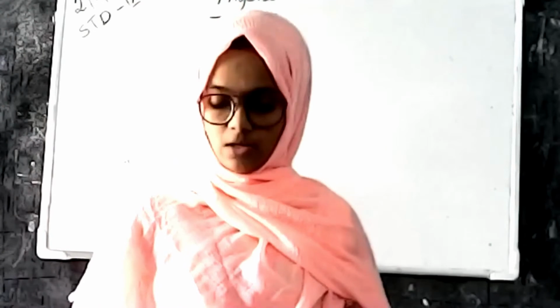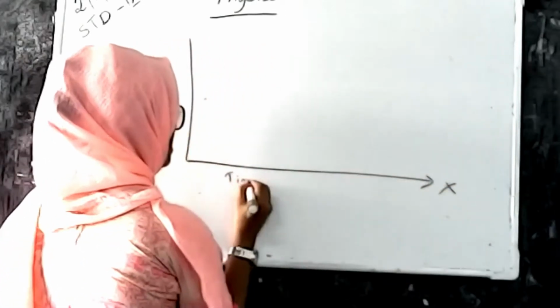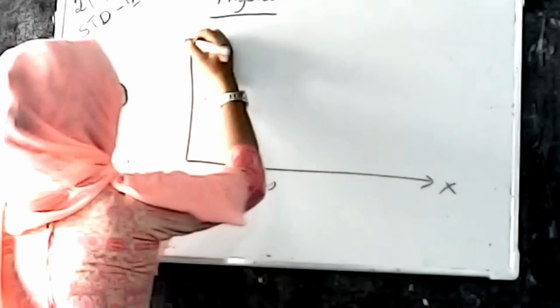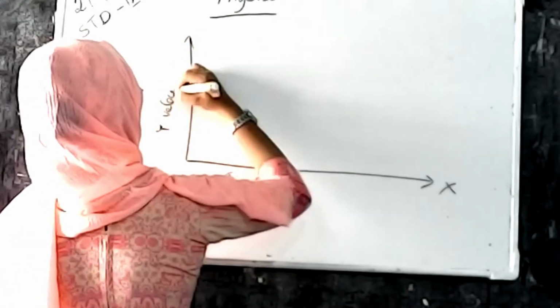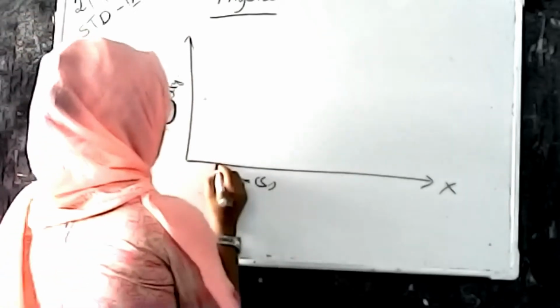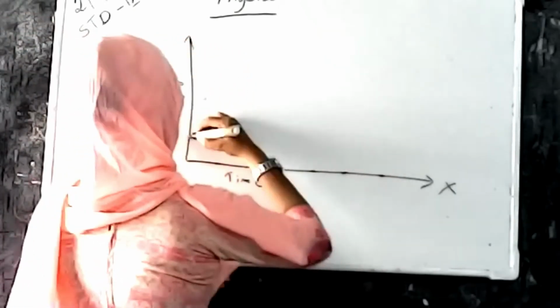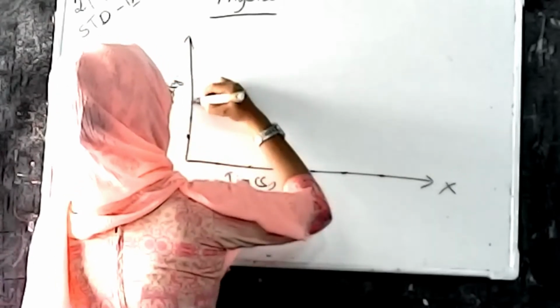If we draw a graph using the velocity time relation, on the x-axis we take time in seconds, and on the y-axis the value is velocity. In this graph we have some values of time and the corresponding change in velocity.